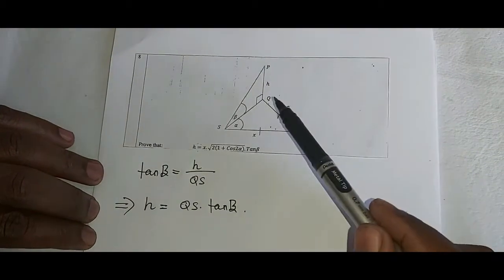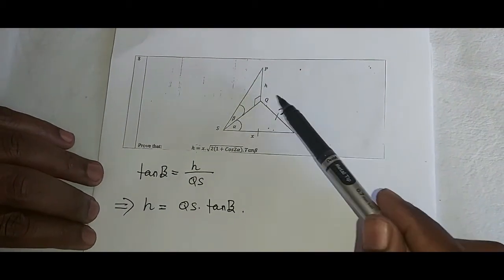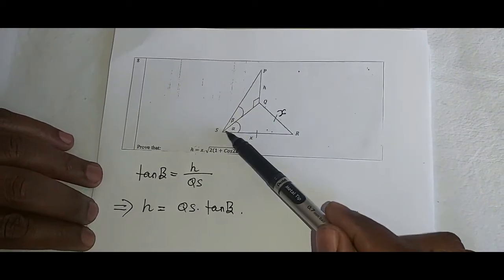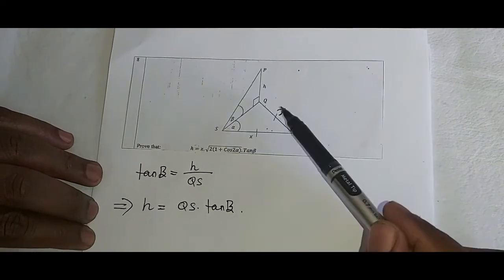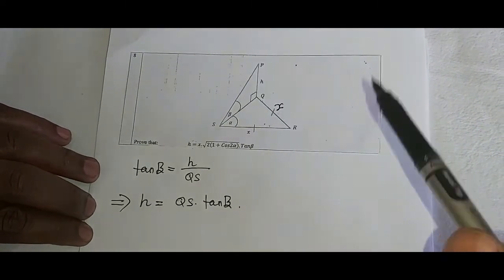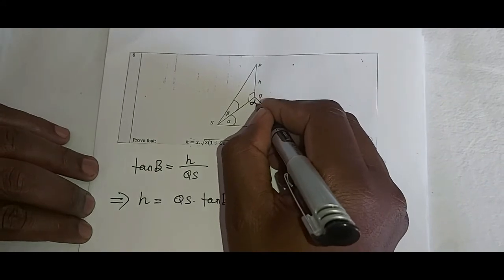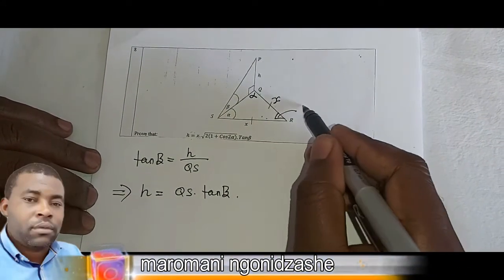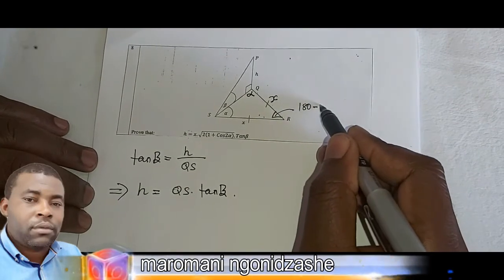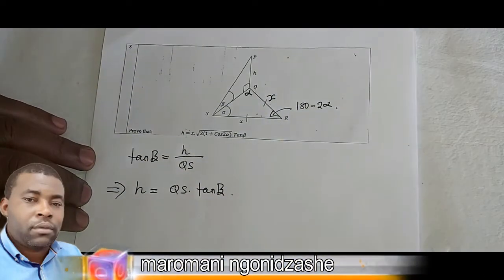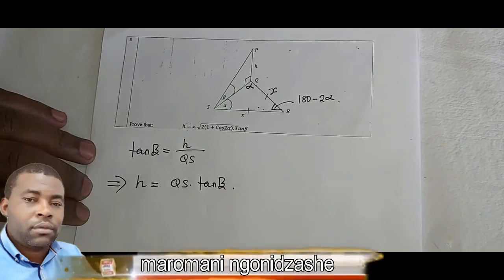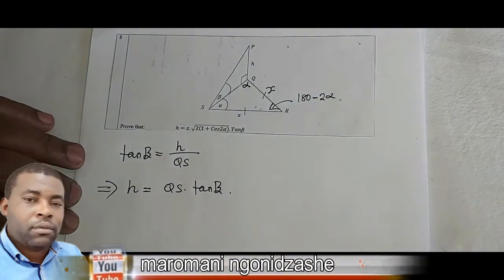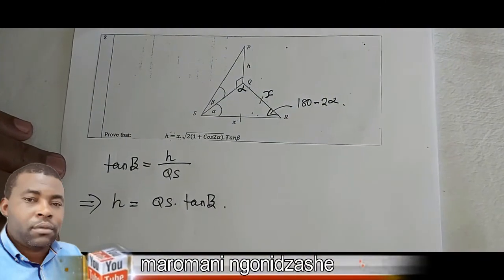And the cosine rule works because I have QS, this angle is alpha, this side is X, that is X, which means this angle is also alpha. And therefore this angle becomes 180 minus 2 alpha. Therefore, going forward, I must make use of the cosine rule.